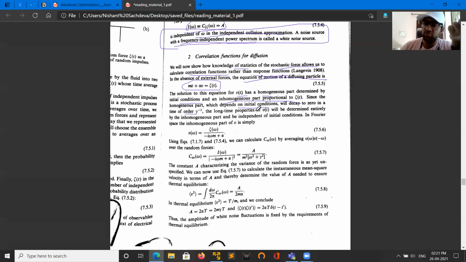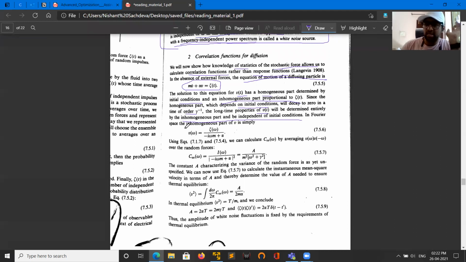The long time properties of v of t, the steady state properties, will be determined entirely by the inhomogeneous part and be independent of initial conditions. See, what's happening is in viscosity, there is an initial component, then there's stuff happening, and when steady state comes, the initial conditions become irrelevant. That's what we call the steady state.